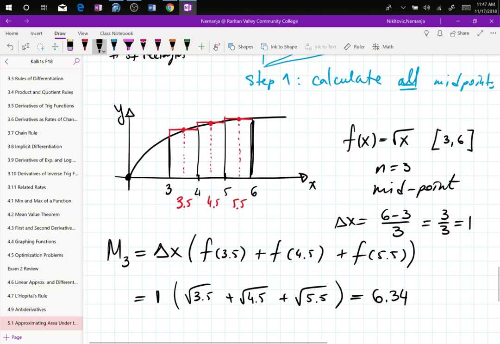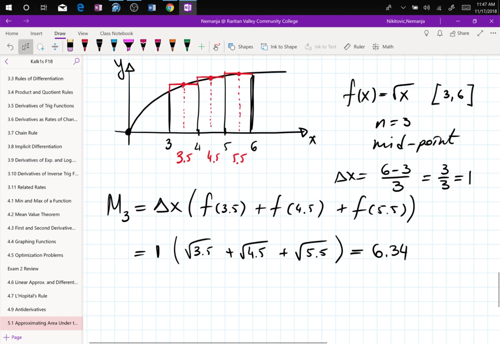The exact area is approximated at 6.3339, and my answer to 4 decimals was 6.3373. So it's very close, right? It's very close. And it was only 3 rectangles.